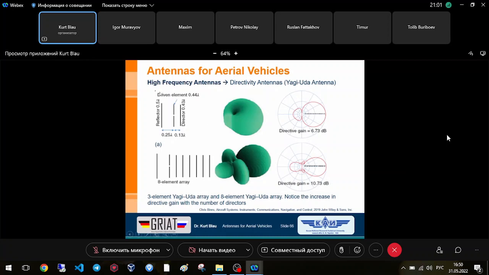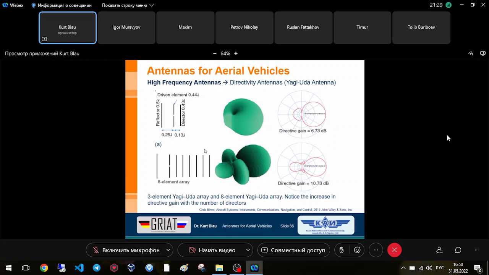This is the so-called Yagi-Uda antenna, and this antenna was first introduced by a Japanese scientist. And if you want to concentrate more energy in a certain direction, then you can realize this with an increased number of the so-called directors.